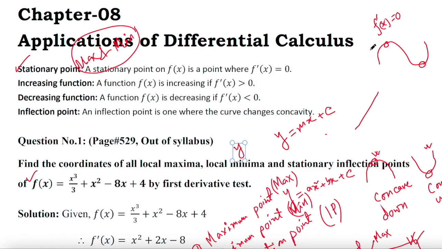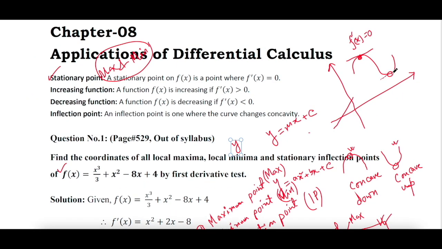Because the tangent line is parallel to the horizontal axis or x-axis at the maximum point as well as the minimum point. If you draw a tangent line, then the slope of this tangent line is f prime x, we know, and the slope of this tangent line is 0 since it is parallel to the x-axis.